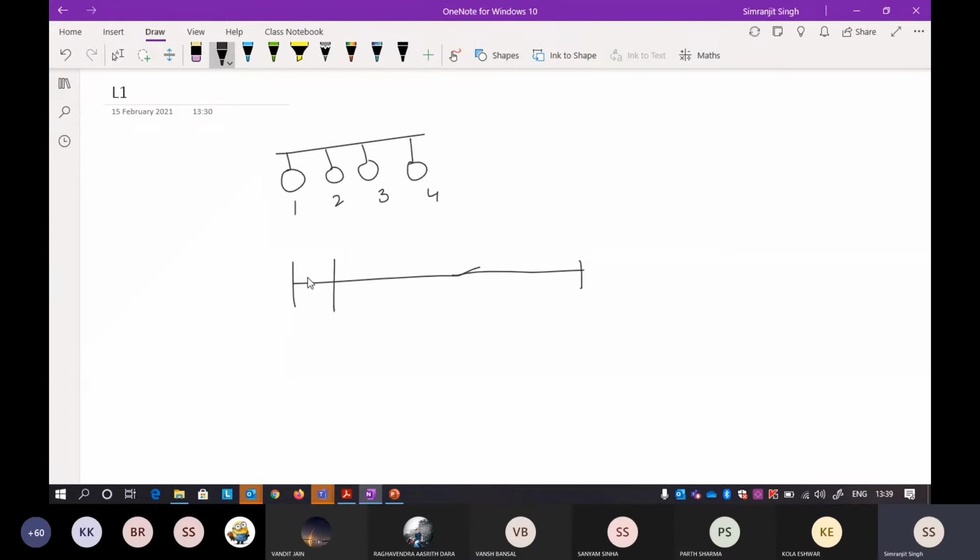Okay, so this is your slot. For this much amount of time I have dedicated this particular slot to station one, and then this much amount of time is dedicated to 2, 3, and then 4. When the time is divided, suppose the fourth station is transmitting, then no other station can put a packet onto the link.